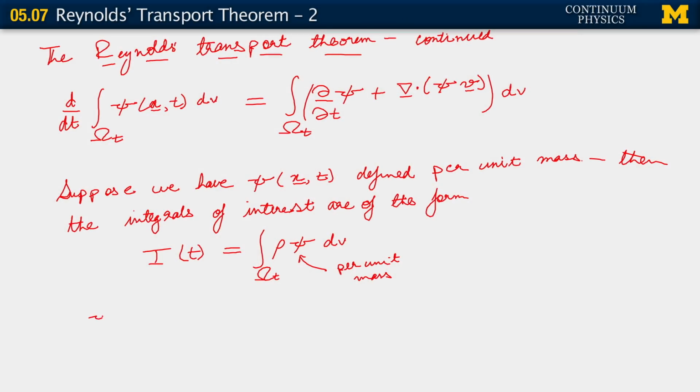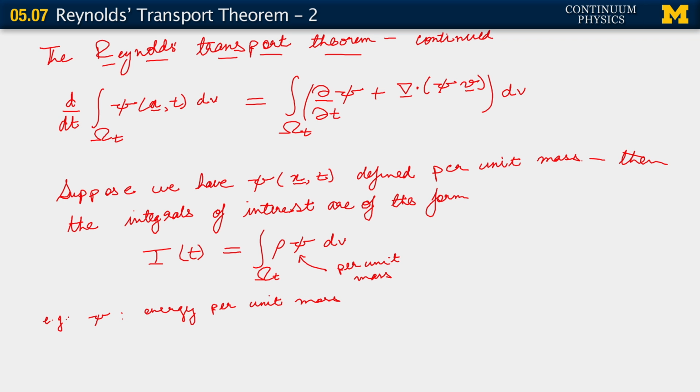What we will see is that it is quite common to have these kinds of objects showing up. It will be natural at various times in our development to do things like this; psi could be an energy per unit mass. This is an example.